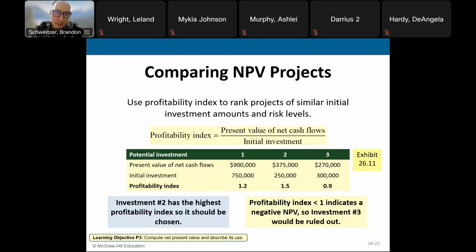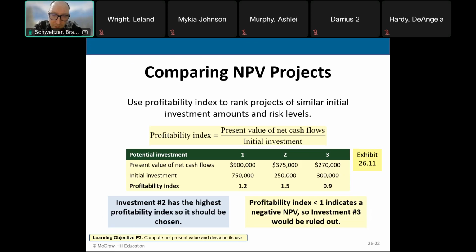The profitability index helps us to identify that level of potential risk. So the way it works is we take the present value of the net cash flows divided by the initial investment amount. That gives us a profitability index. So here we have three different projects side by side. We take the present value of net cash flows divided by the initial investment. It gives us a profitability index.